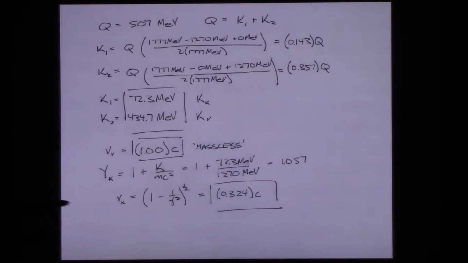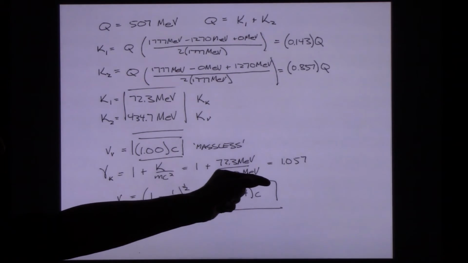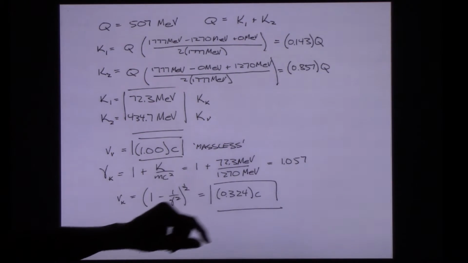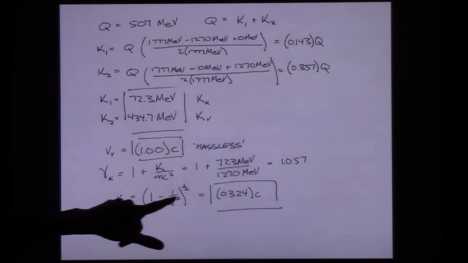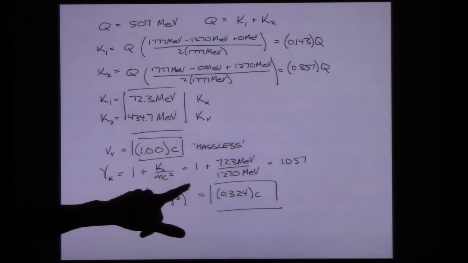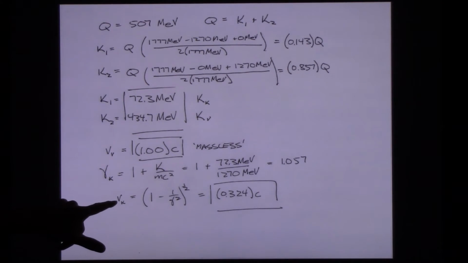In any case, we can go in and use formulas from special relativity to determine a gamma factor for the K1, which worked out to be 1.057, and then use the velocity formula. There should be a factor of c here that I dropped. I apologize for that.